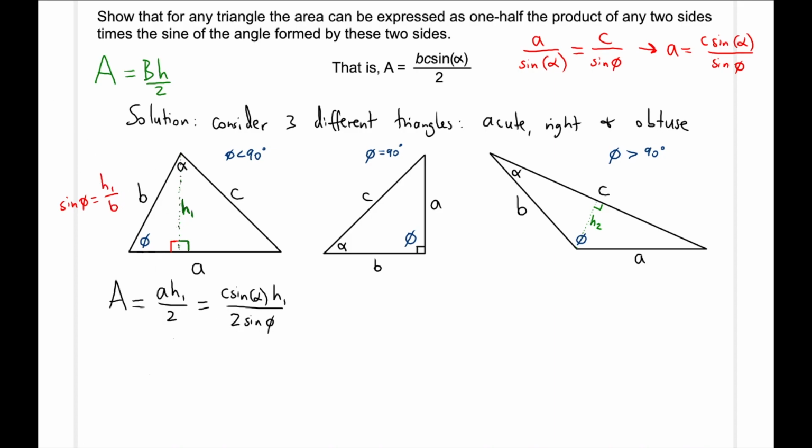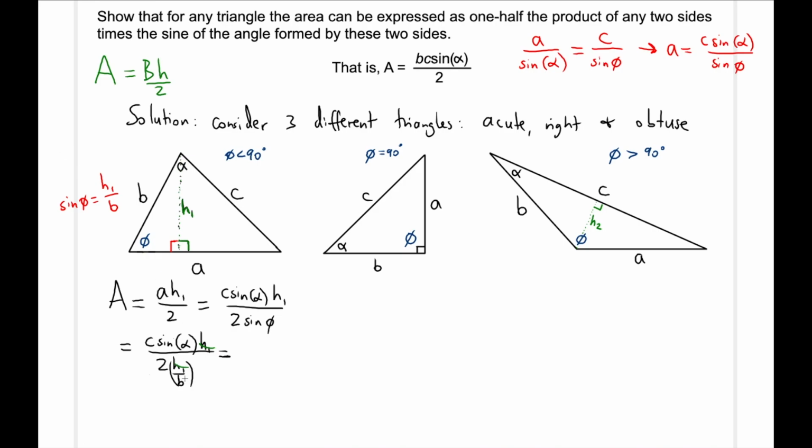So we can substitute those in and see what we get. That gives us c sine alpha h1 divided by 2, and what is the sine phi? We determined that's h1 divided by b. All right, we're getting closer. So notice h1s cancel out. That's good.